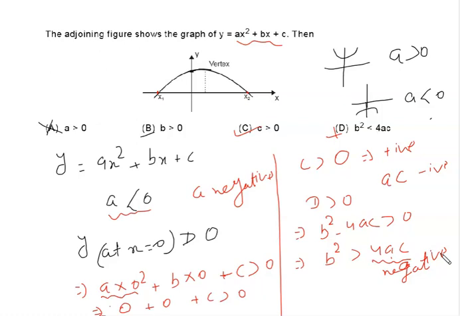And we know that the coordinate of the vertex is minus b by 2a, and it is greater than 0, right? And when a is less than 0, it's negative, and the signs cancel, and we get the value b is greater than 0.